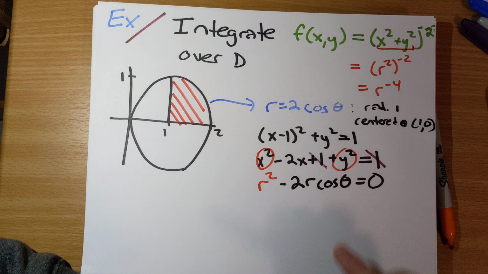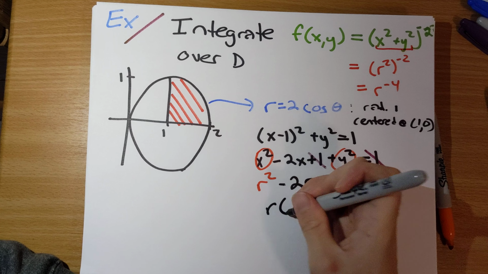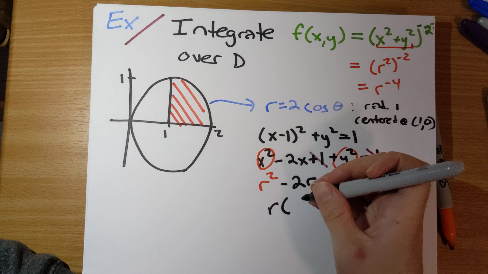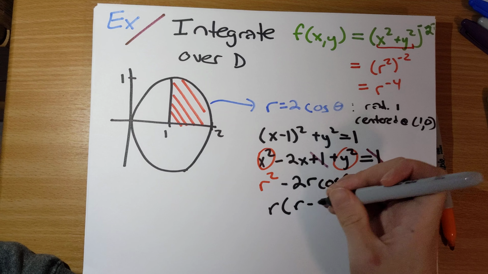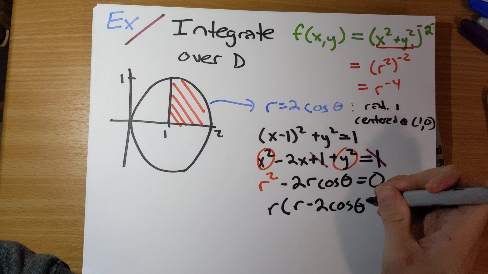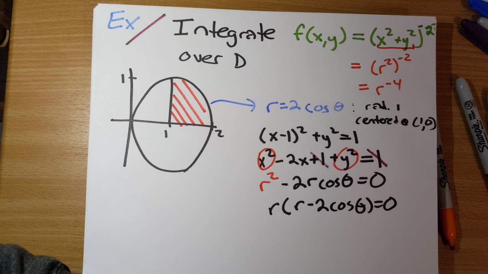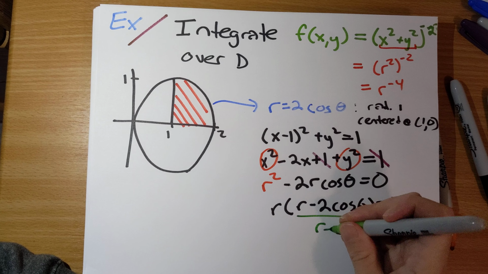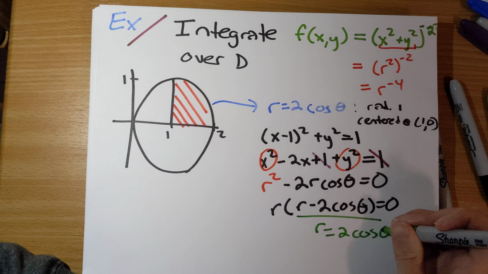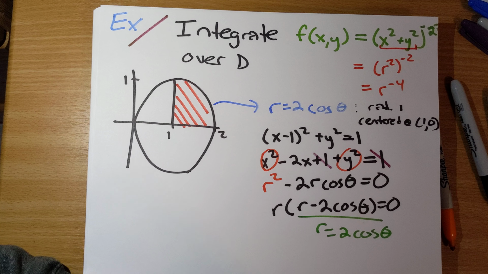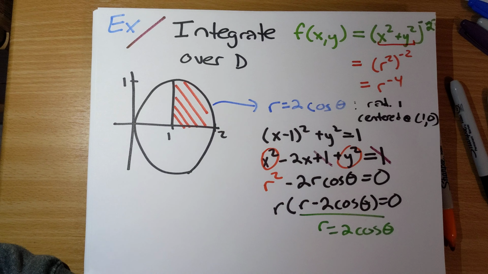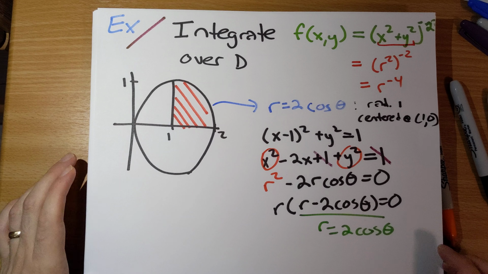So r squared minus 2r cosine theta is equal to 0. Factor out an r, and we get r times (r minus 2 cosine theta) equals 0. And this is exactly r equals 2 cosine theta. So this circle is r equals 2 cosine theta.